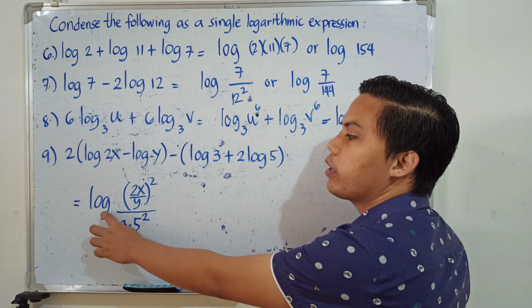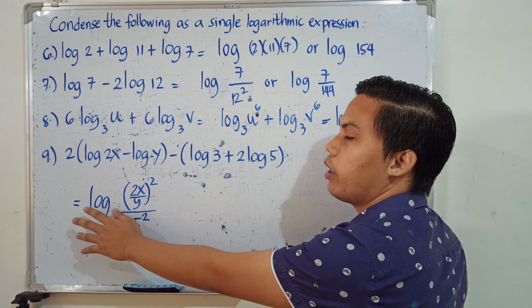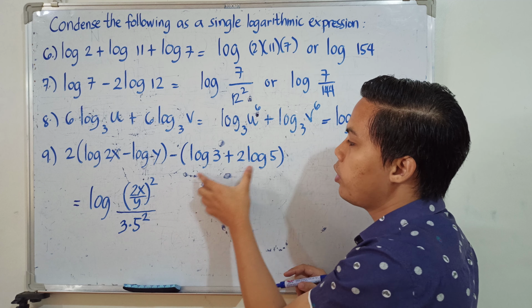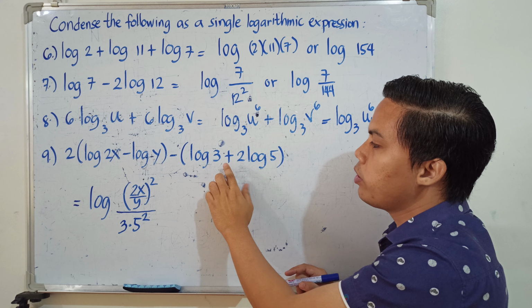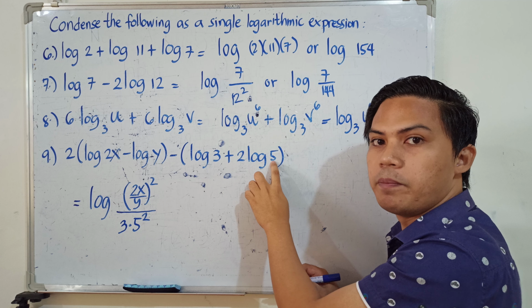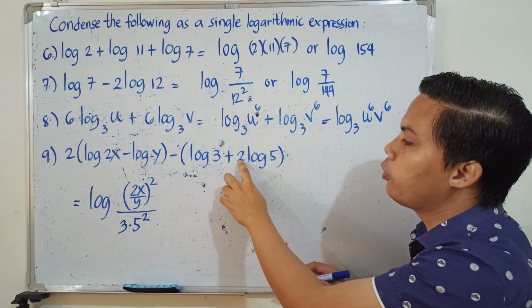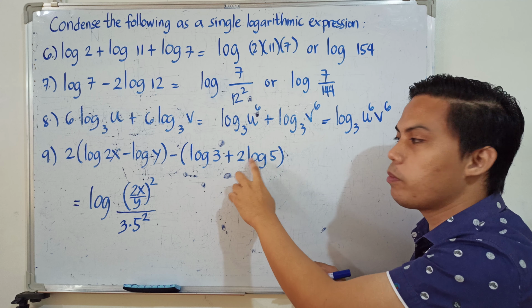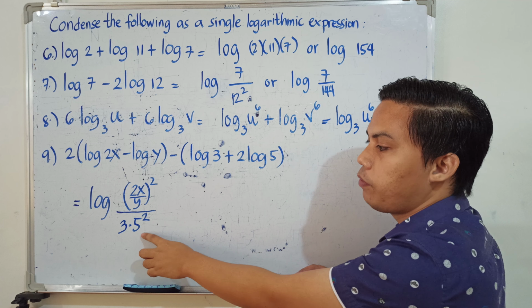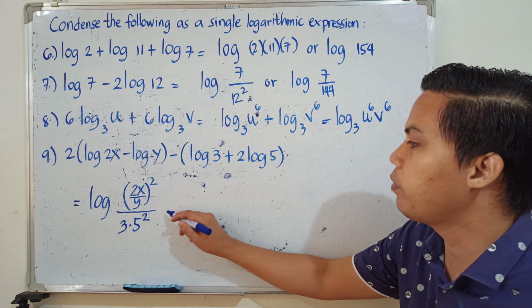Inisa na lang natin, sinulat na lang natin once yung logarithm. So this would be our denominator. So since addition, then we're going to multiply 3 and 5. And since may numerical coefficient before the logarithm of 5, then 2 becomes the exponent of 5. Kaya naging 5 squared.